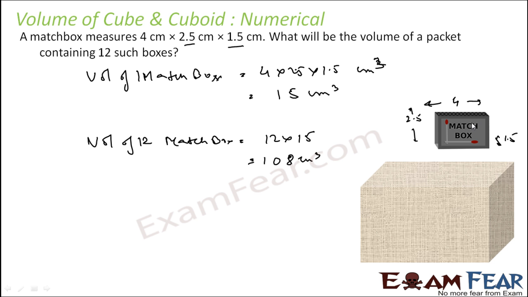So the volume of the packet is nothing but you add the volume of all these 12 matchboxes. We found the volume of one matchbox and then multiplied it with 12, and the volume of 12 matchboxes is nothing but the volume of the bigger packet. In this packet we'll have 12 such matchboxes. It will be like this, right?